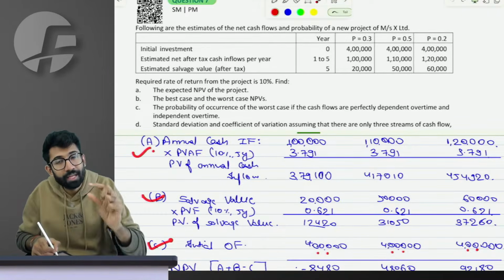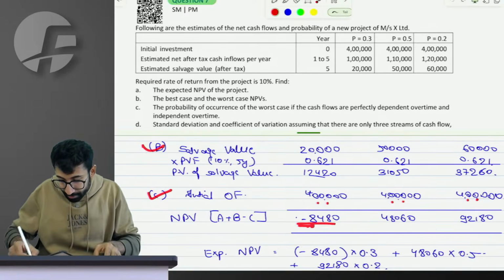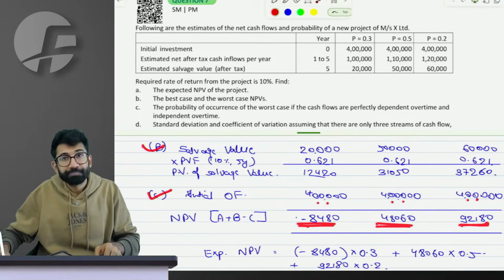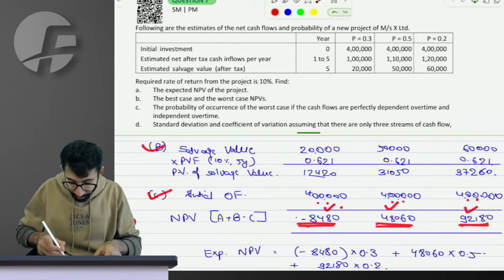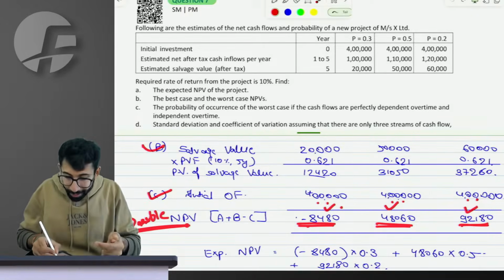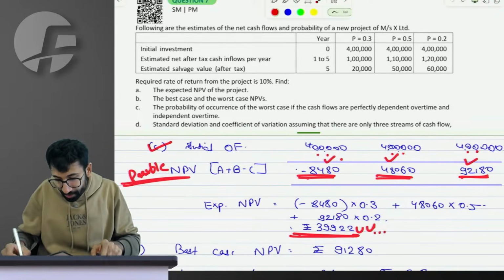Annual inflow plus salvage inflow minus the initial outflow, all at present value level, is negative this, then this, then this. These are my possible NPVs. And with the probability of 0.3, 0.5 and 0.2, the expected NPV is 39,922.